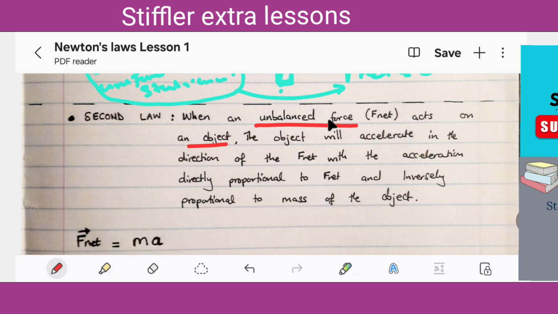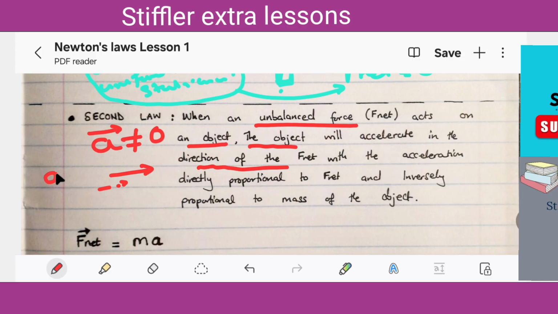When an unbalanced force acts on an object, the object will accelerate. So it means that your acceleration in this case is not equal to 0. It will cause your object to accelerate in the direction of the F net. So if the F net is applied in that way, your object will also accelerate in that way, with the acceleration directly proportional to F net.